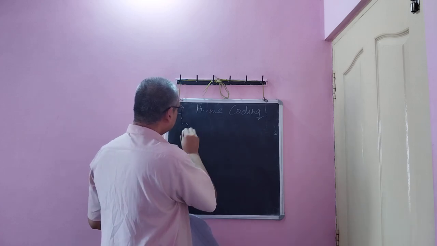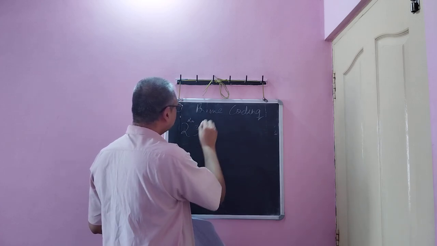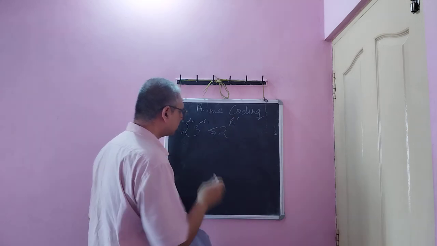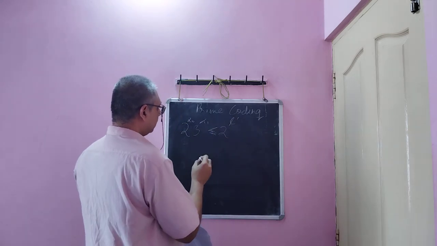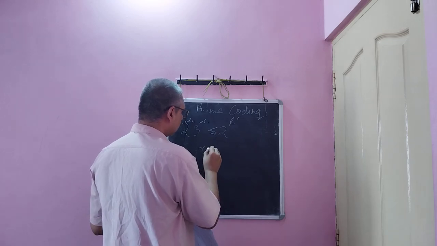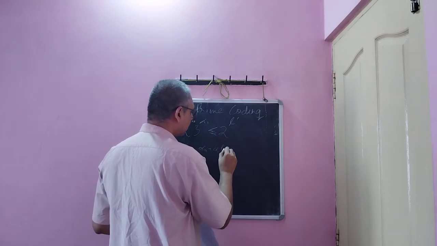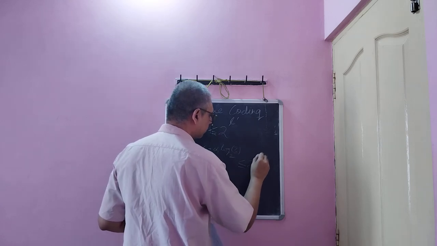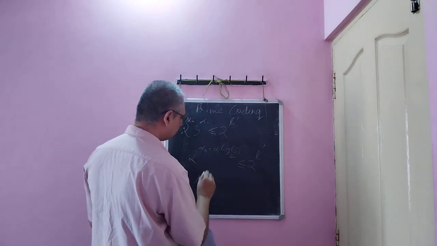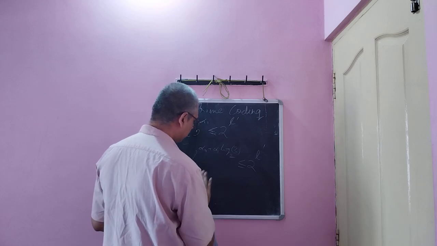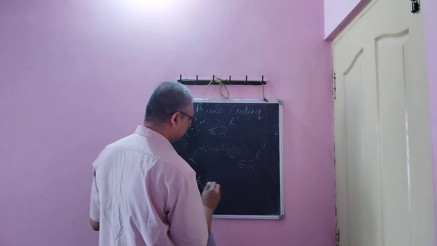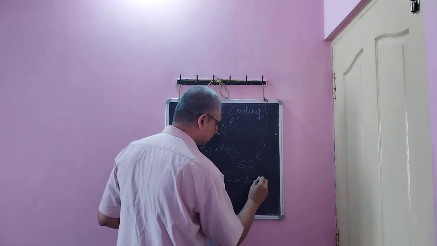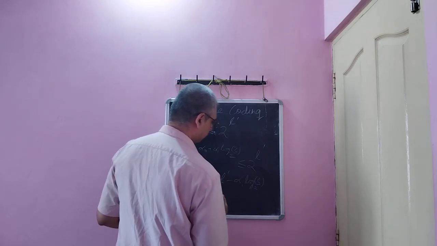So consider the case 2 power alpha naught, 3 power alpha 1 equal to 2 power n dash, less than or equal to. We are interested in numbers of this form. So you will have 2 power alpha naught plus alpha 1 log 3 to the base 2 less than or equal to 2 power l dash. So alpha naught must be less than or equal to l dash minus alpha 1 log 3 to the base 2.